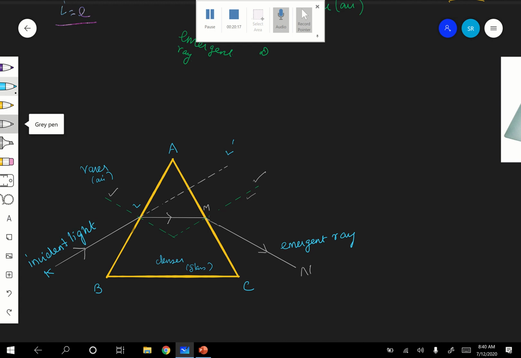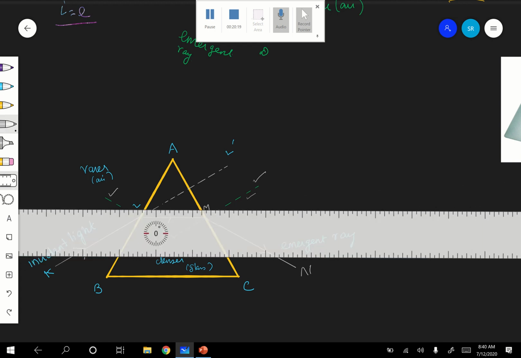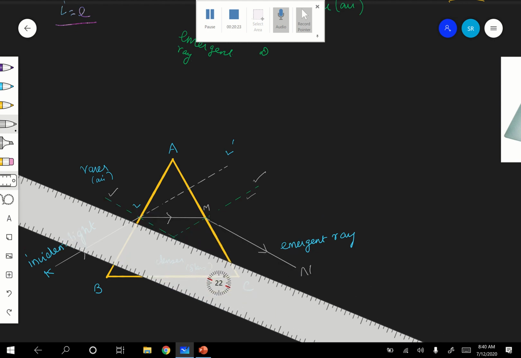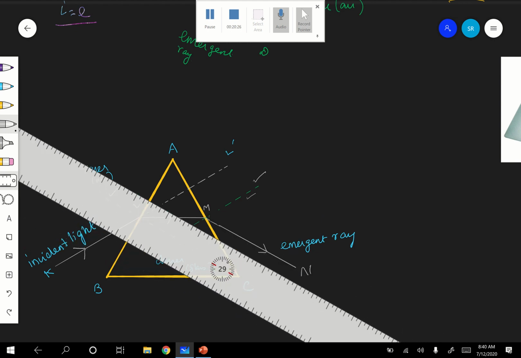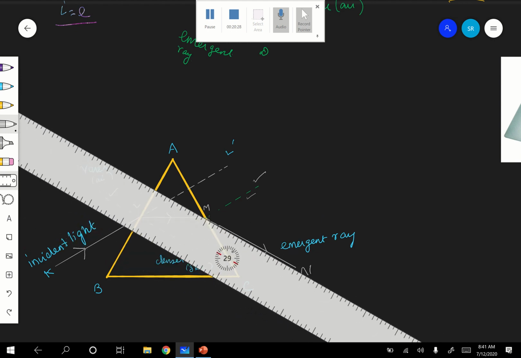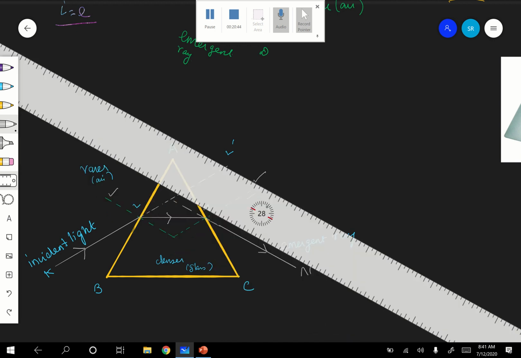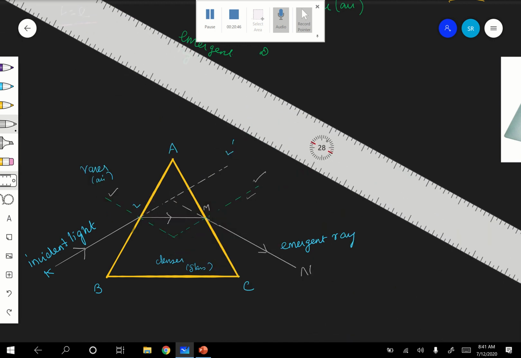Very important. Now we will see there is some angle of inclination between the incident ray and the emergent ray. Now I am going to draw here. If I extend the emergent ray in the opposite direction, I am extending the emergent ray in the opposite direction.